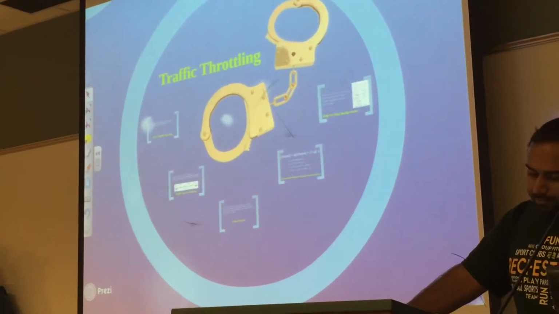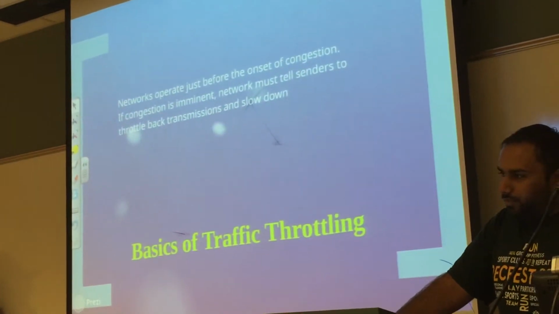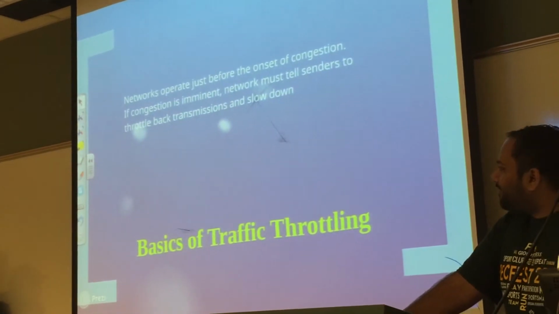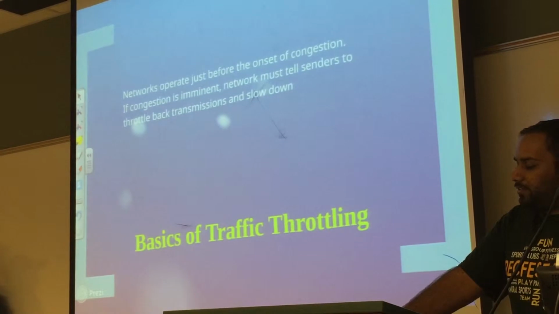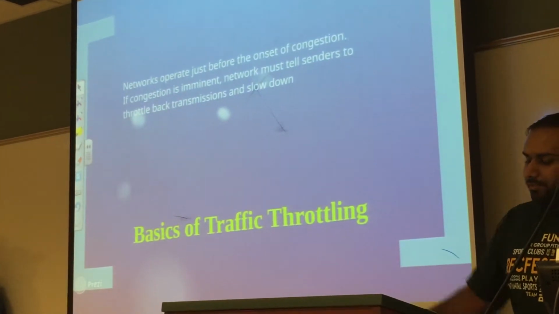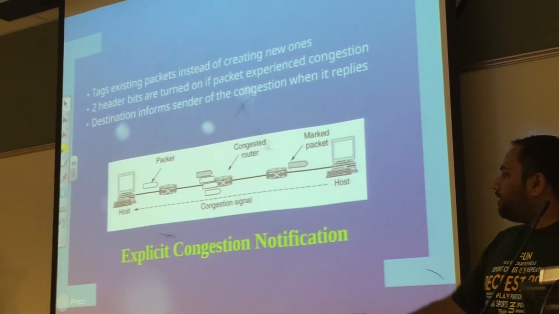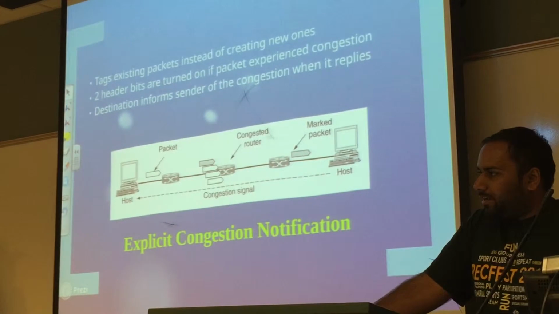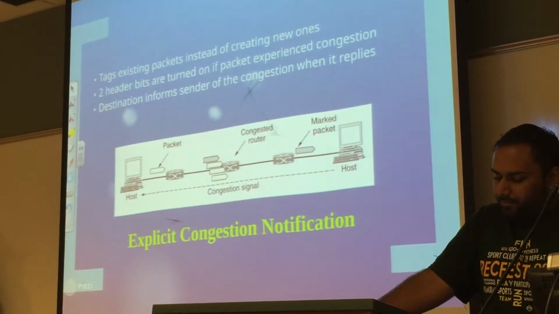Next up is traffic throttling. The base of traffic throttling is that we operate the networks just before the onset of congestion. If there is congestion, we tell the network to slow down the transmissions so the network can catch up. The first method of doing this is called explicit congestion notification, ECN, where we tag packets with header bits that tell if there's congestion or not.